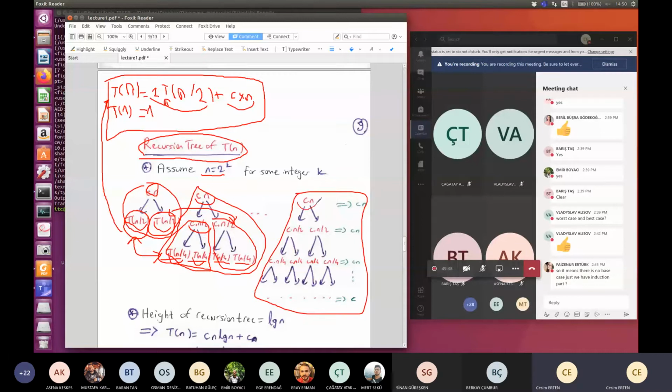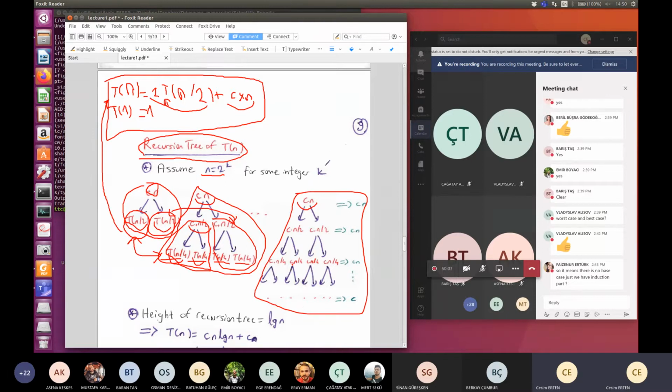In the first level, we will have Cn, this one. In the next level, C of n divided by 2, C of n divided by 2. Imagine expanding T of n divided by 4. We will have C of n divided by 4 at this level for each node. And here we will have, for instance, T of n divided by 8. If we expand that, we will have C of n divided by 8s all over here, and so on.